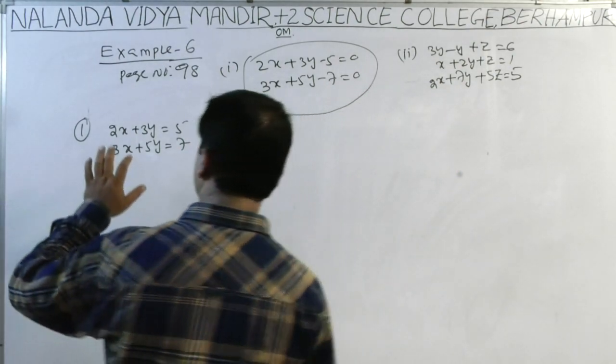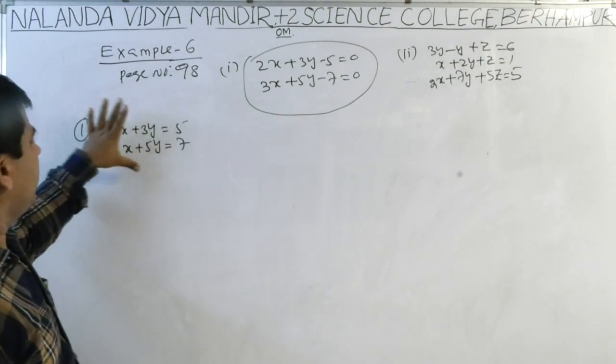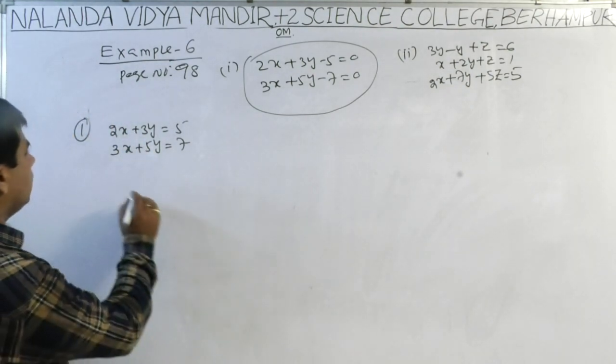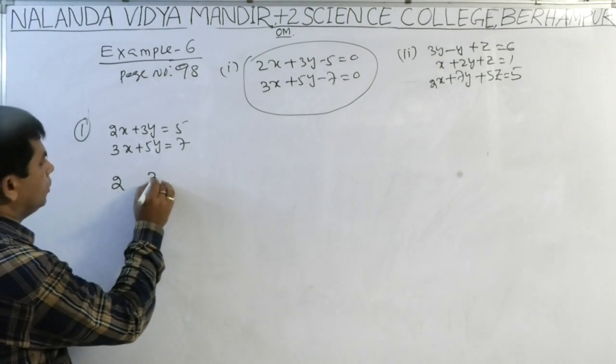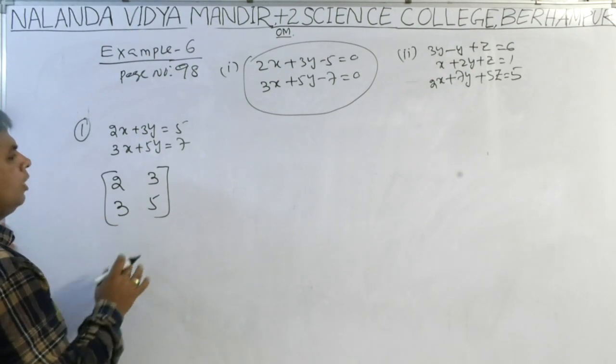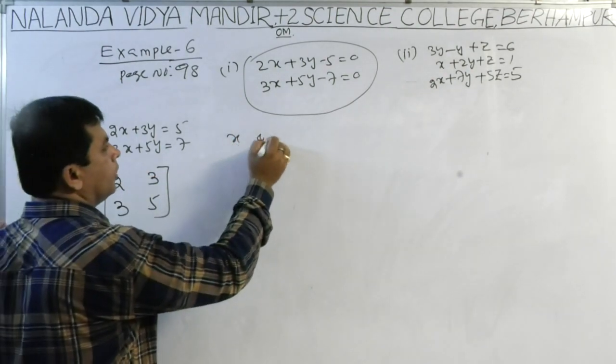Now, here the coefficients of the variables x and y taken, we get the matrix 2, 3, 3, 5, and the variables are x and y.